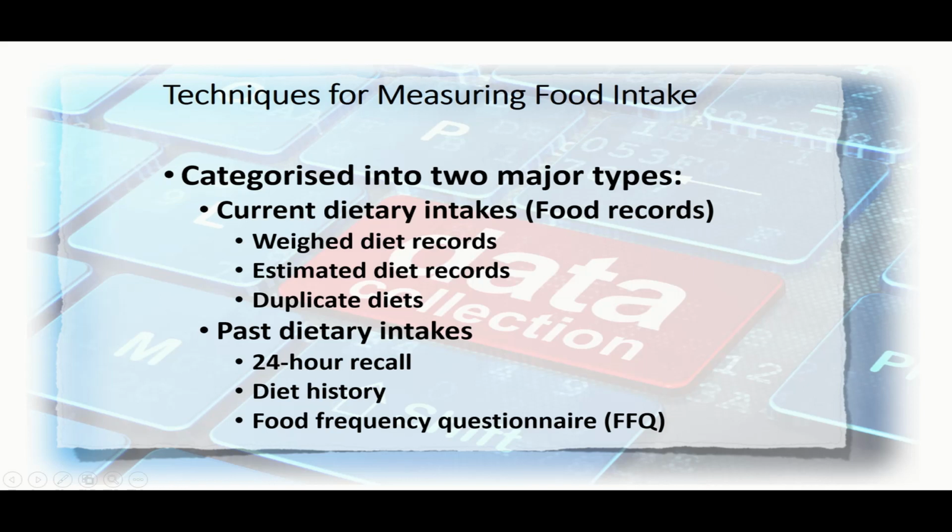When it comes to 24-hour recall and diet history, one thing also to keep in mind is that when you're trying to determine the type of diet that your client has been on, the type of foods that they've been eating to get them into the shape that they're currently in, whether that's good or bad, of course it's important to remember that when people are asked these kind of questions, more often than not they may tell a little white lie.